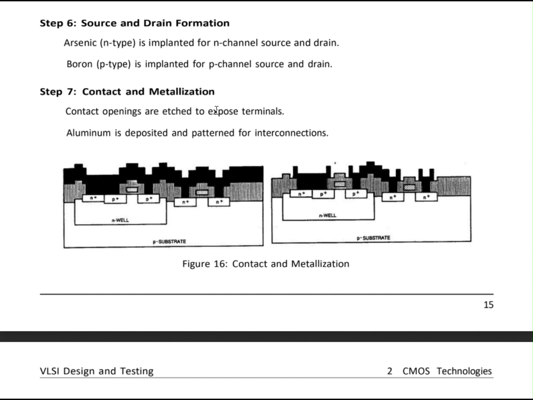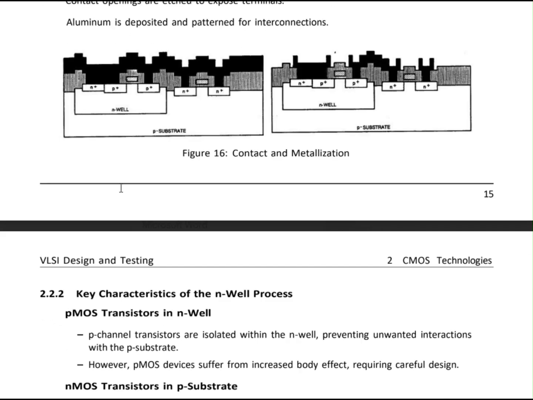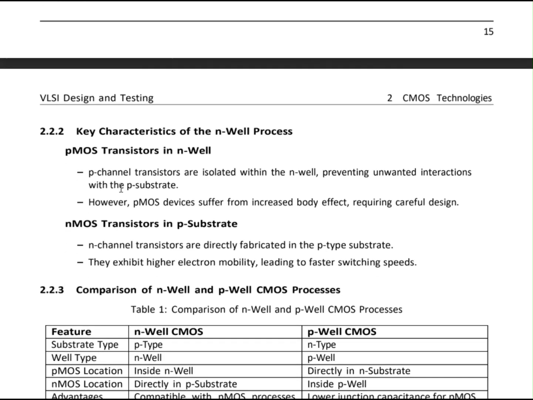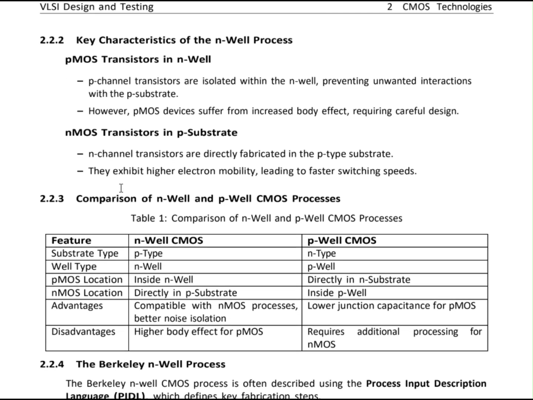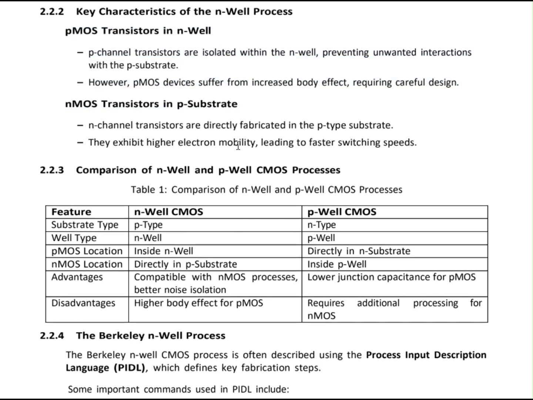The next step is contact and metallization, in which contact openings are etched to expose the terminals, and aluminum is deposited and patterned for interconnection. The characteristics of the N-well process are PMOS transistors in the N-well and NMOS transistors in the P substrate.